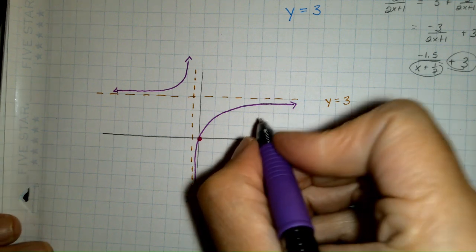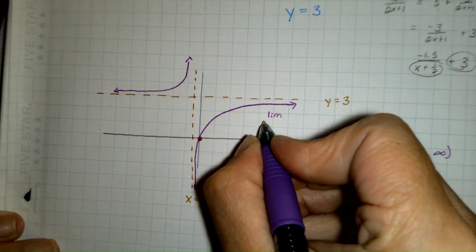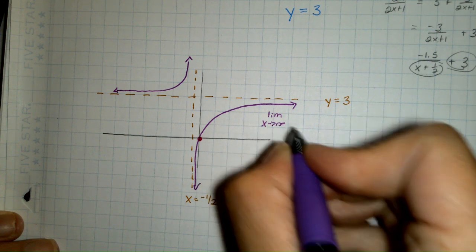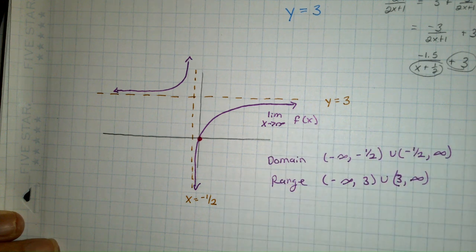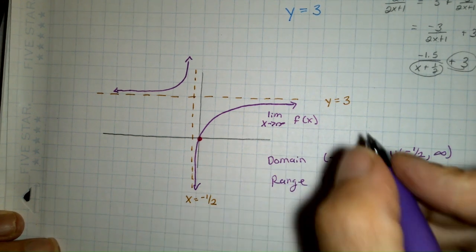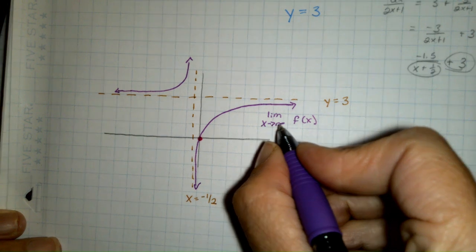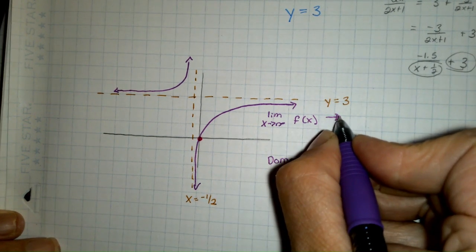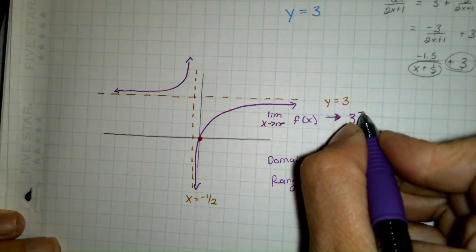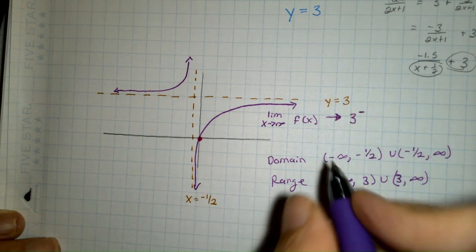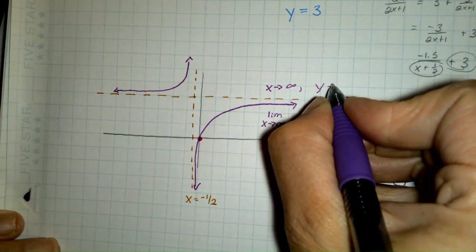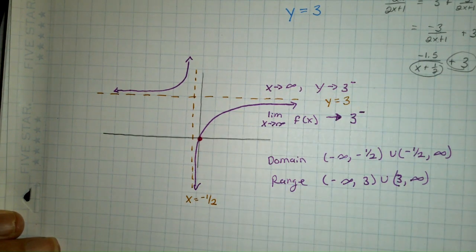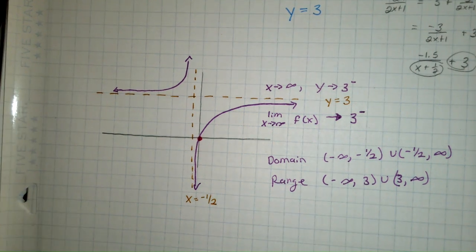And just in case you need it, the limit as x goes to infinity is just another way of writing end behavior. So as x goes to infinity, y is getting closer and closer to 3, and it's slightly below. That's another way of writing as x approaches infinity, y approaches 3. So depending on how your textbook is working things out, then you have that.